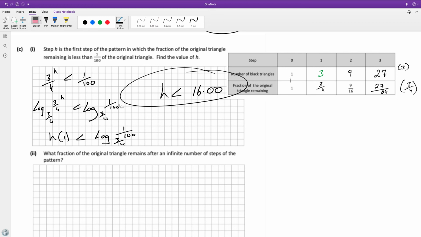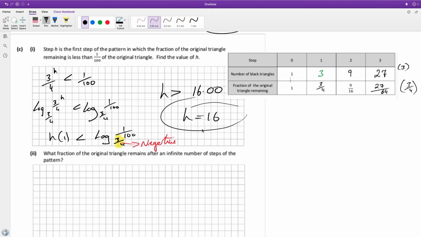So h is equal to 16.0784, so h is equal to 17. Make sure you're always checking, because log to the base 3 over 4 will give you a negative figure.